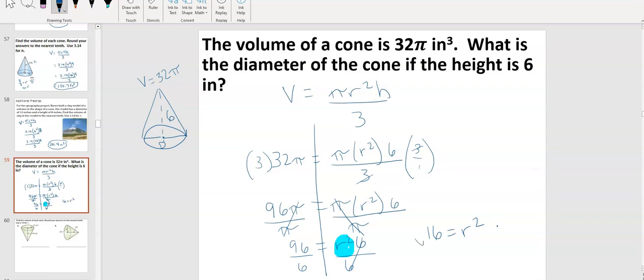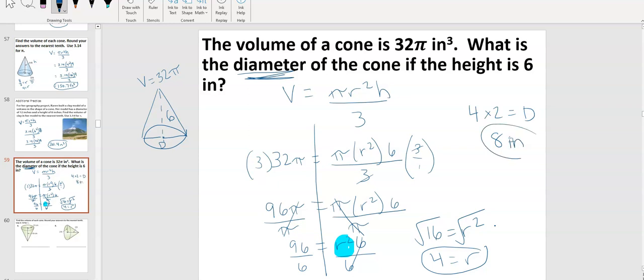How do I get rid of that square? I do that by doing the square root like you just learned in our Pythagorean theorem. The square root of 16 is 4, which means my radius is 4, but it wants the diameter. So what do I have to do? If my radius is 4, I'm just going to times that by 2 to equal my diameter. So my diameter is 8 inches. And I'm done.